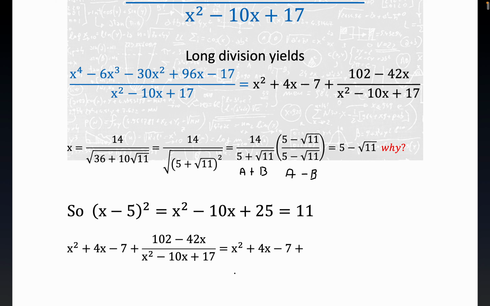But notice right here that if you just subtract 8 from both sides, this gives you x squared minus 10x, again subtracting 8 from both sides, plus 17 equals 3. And this is the magic of the problem right here. This is why this crazy looking thing even works.